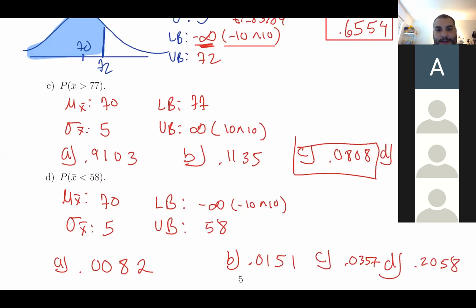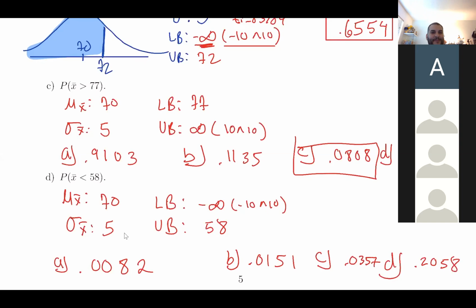I got kind of confused. At first, I accidentally put 58 as a lower bound and infinity as the upper bound, but then I noticed that I shaded. The 58 is supposed to be the upper bound and the lower bound is negative infinity because of the shaded part. Yeah, exactly.